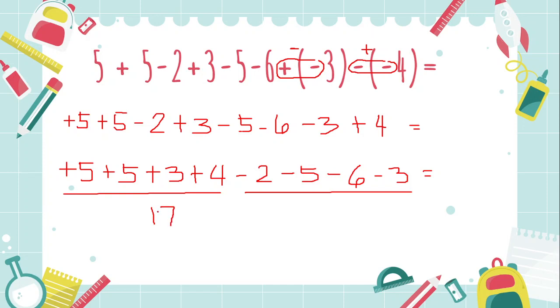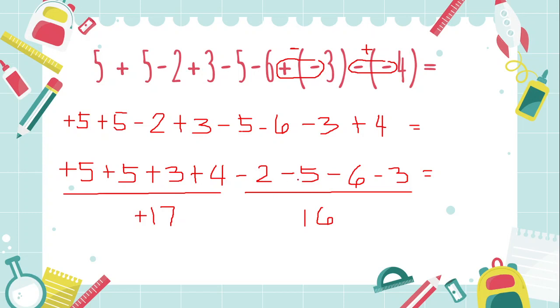And then since the sign of all these numbers is positive, then we just write positive here. Next, let's add all the negative numbers here. So you have negative 2, negative 5. So 2 plus 5 is 7, plus 6, that would be 13, plus 3, we have 16.